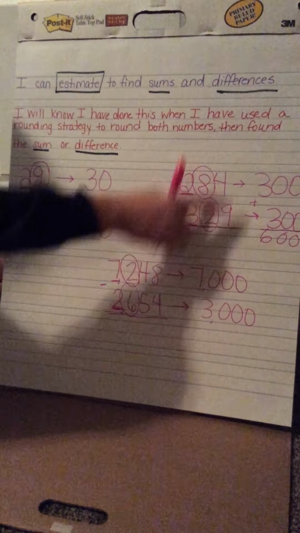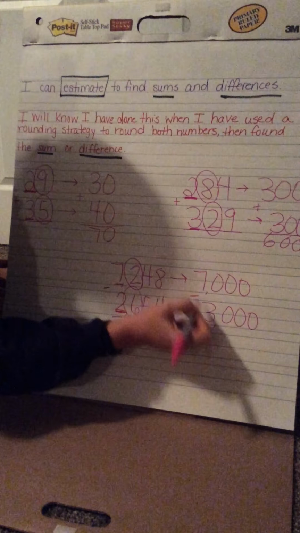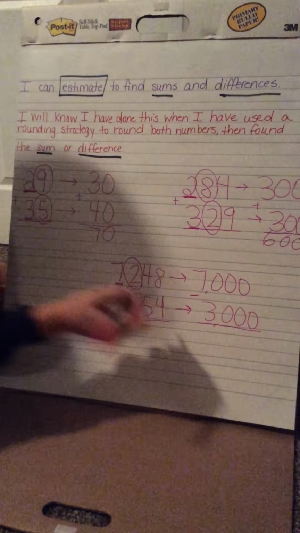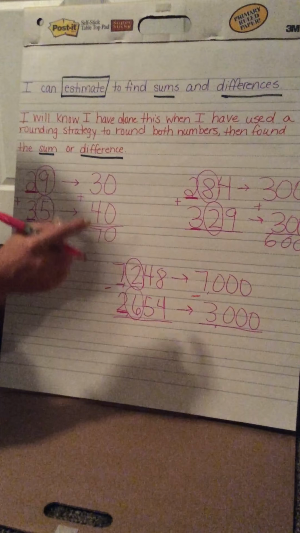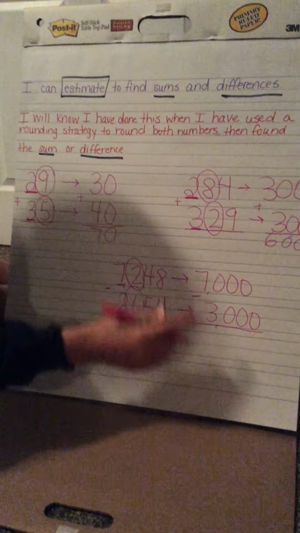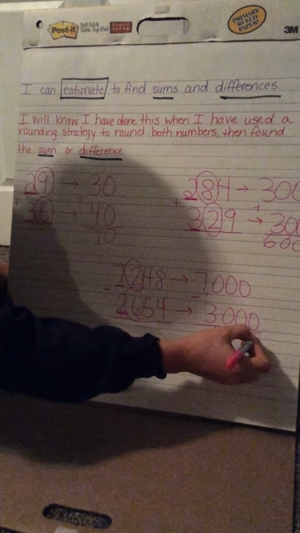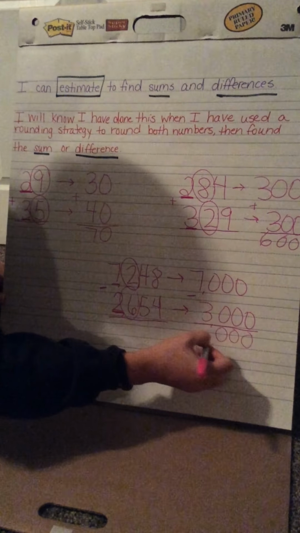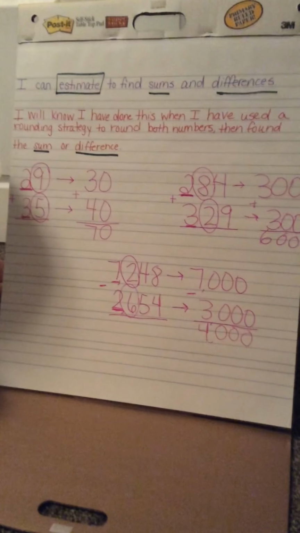So we've done that. Then we need to find the sum or the difference, and in this problem, we're going to find the difference. It's really important to make sure you're paying attention to the operation, because in those problems we added, we found a sum, and in this one, we're going to subtract. You have to pay attention to what the problem's asking you to do. So in this problem, once we subtract, we get an estimated difference of 4,000.